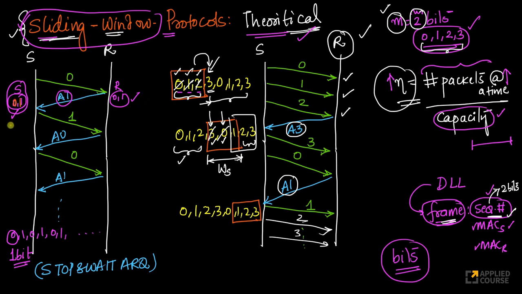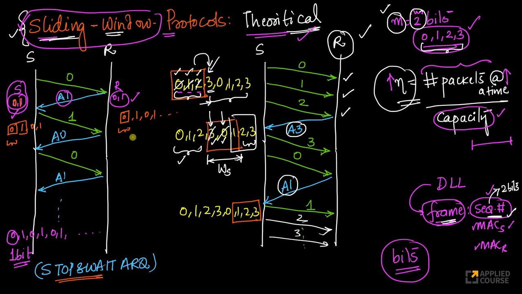I can also think of this as having a window, a windowed scheme. You can think of stop and wait as a sliding window algorithm, where the window length at the sender and the window length at the receiver are both 1. I send 0, the receiver is expecting 0, then I send the acknowledgement, then the window moves, and so on.